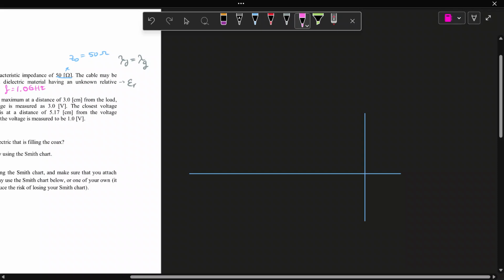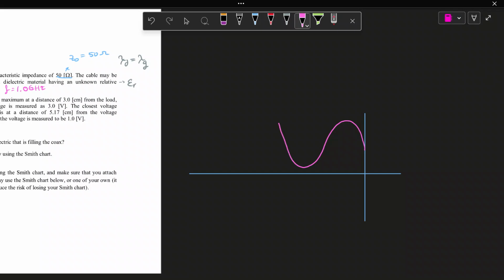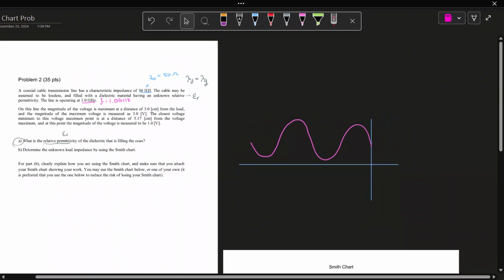This is a chart that tells us where specifically our voltage max and mins will occur with respect to the wavelength.